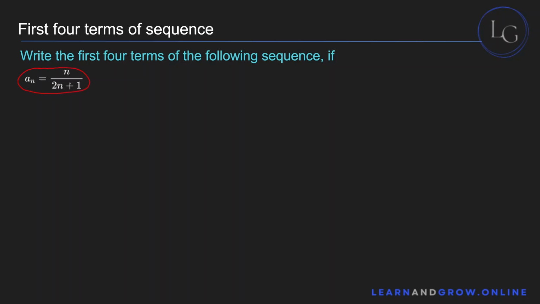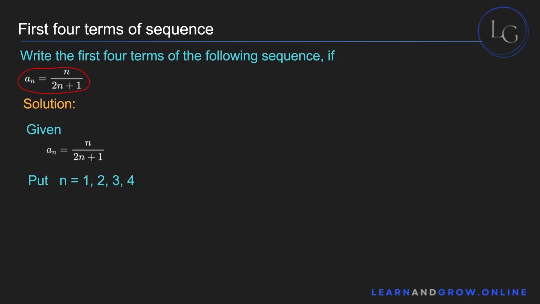It means that if we want to find, for example, the 6th term in this particular sequence, we will plug in 6 in place of the n's, as n represents the nth number of the sequence.